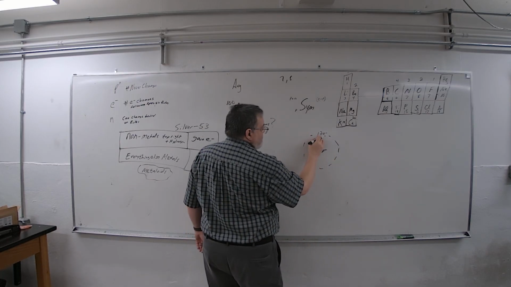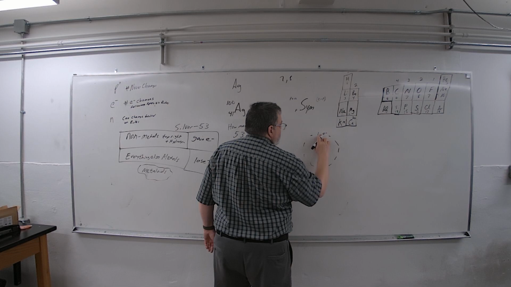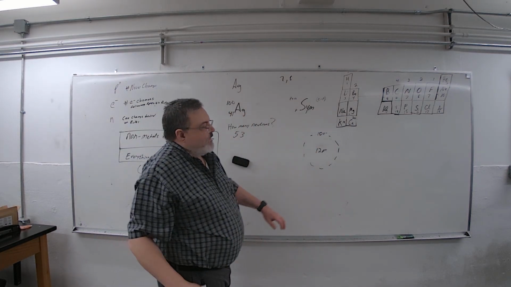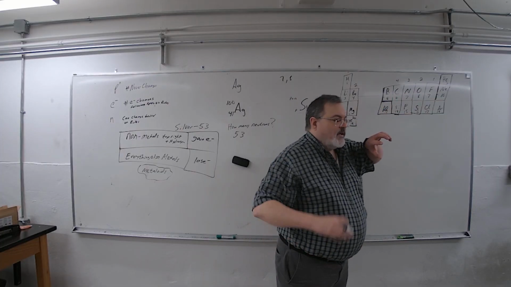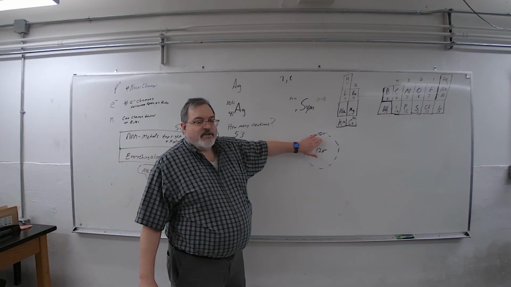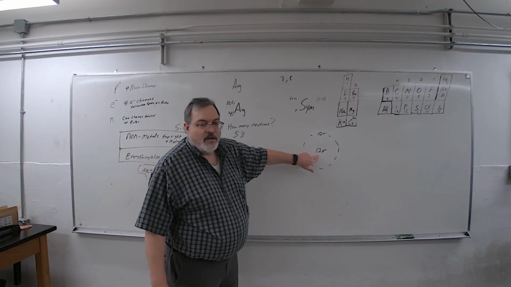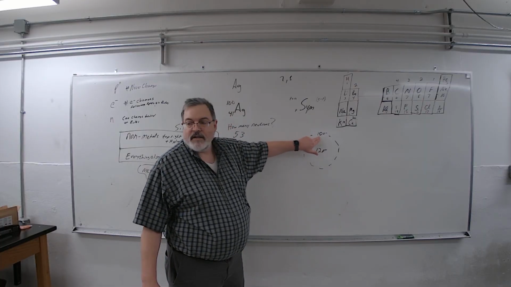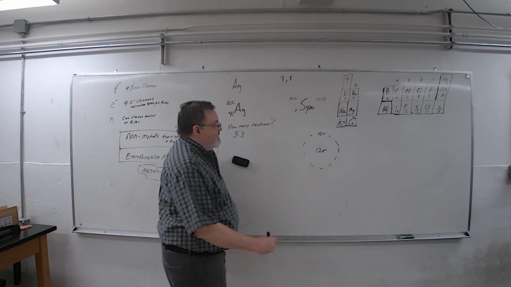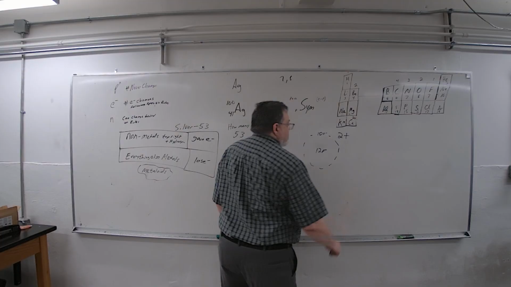if magnesium loses 2 electrons, so now it's 10 electrons, what's the charge on it? These became negative because they were neutral, and then they gained some negative charge. This loses 2 electrons. That means 10 of these protons are neutralized by these 10 electrons, but there's still 2 left over in the nucleus. So that makes this charged 2+.